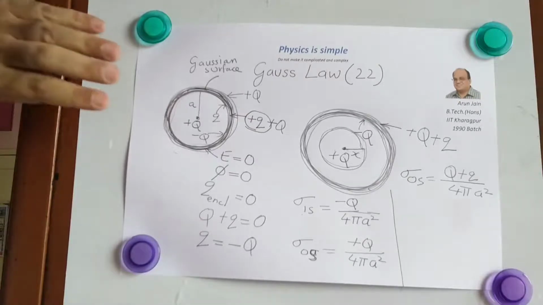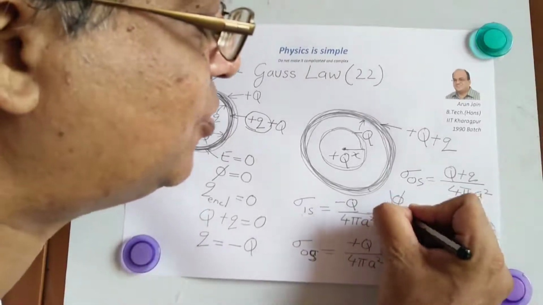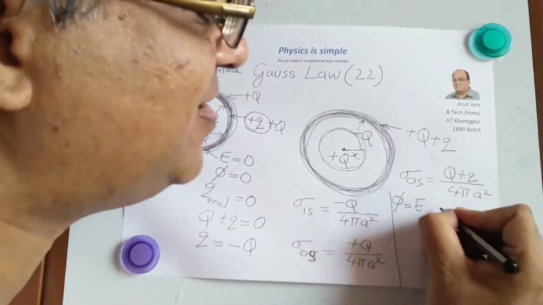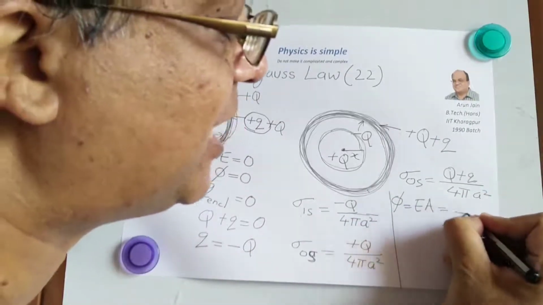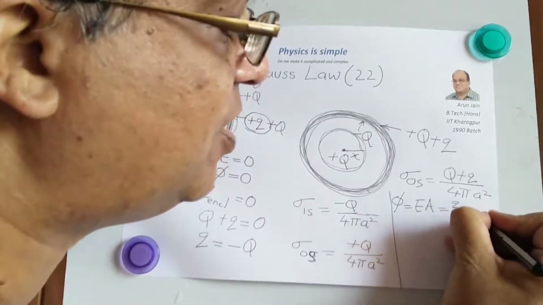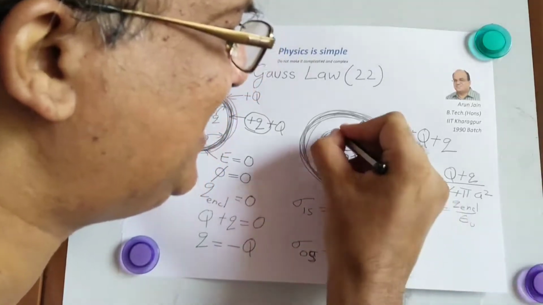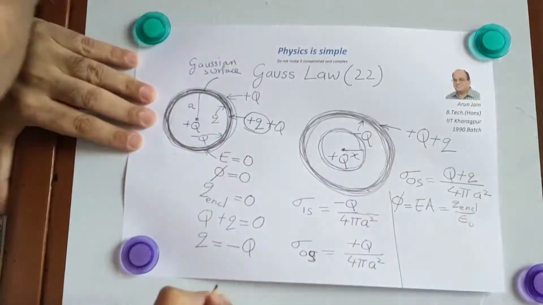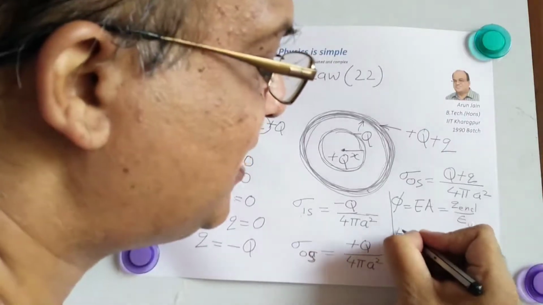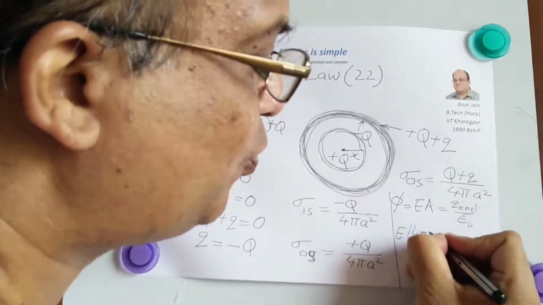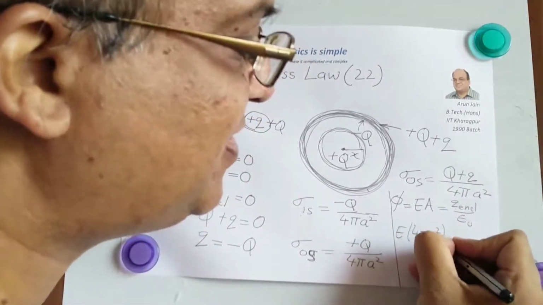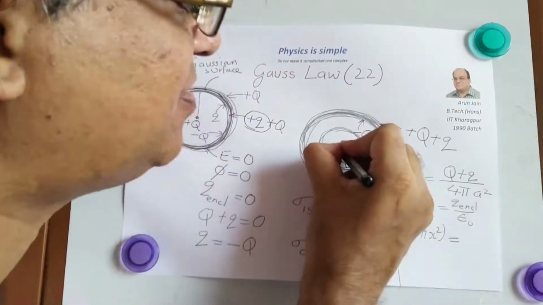So the electric flux will simplify to E into A, and this is equal to Q enclosed by epsilon naught, Gauss law. Here area is the surface area of this Gaussian surface, so E into 4 pi x square. Q enclosed is this Q only.